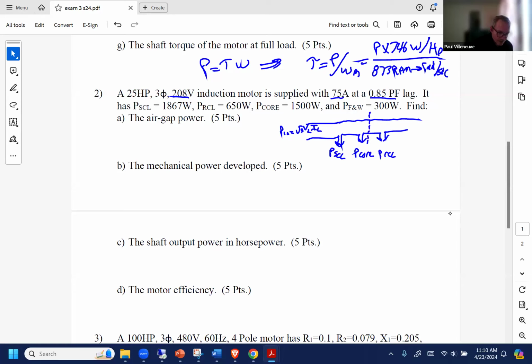The power from this point over is the power that is jumping across the air gap. Once I subtract the rotor copper losses, this is power that is converted to mechanical power. Now I have to take out the mechanical losses, which in this case are friction and windage. At this point all the power is available for mechanical output. So this is P out.